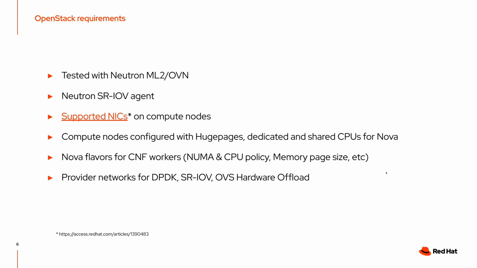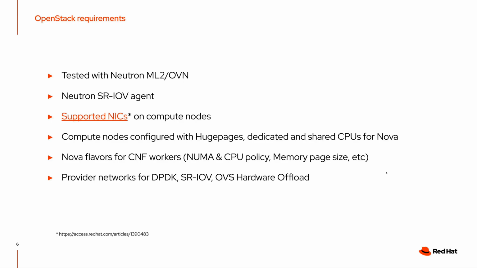We also had to deploy the Neutron SRIOV agents, so the agent can manage the virtual functions on your device. The supported network devices on the compute nodes are documented in an article linked in this slide, and you can check whether your hardware is supported on the version of RHEL that you're running.